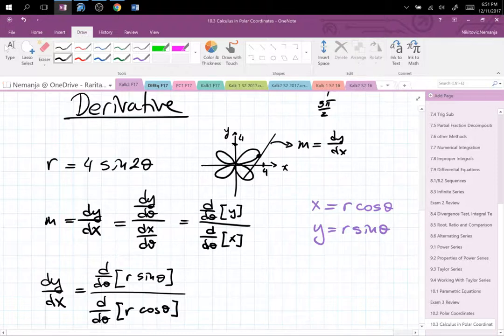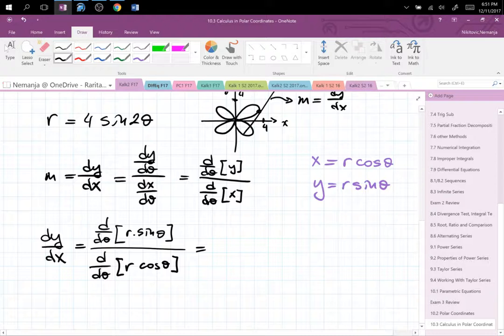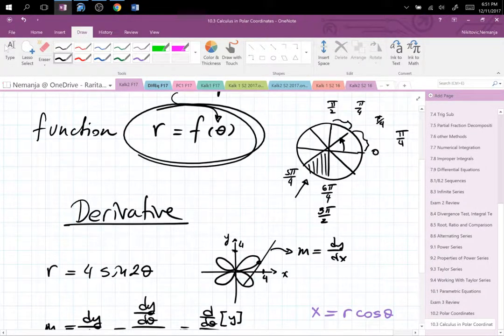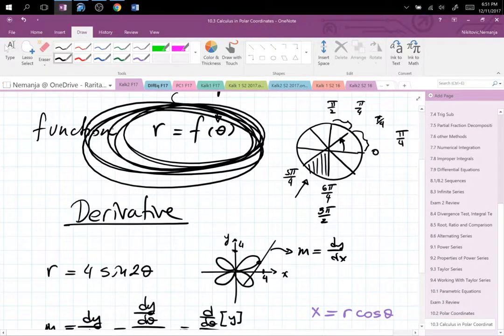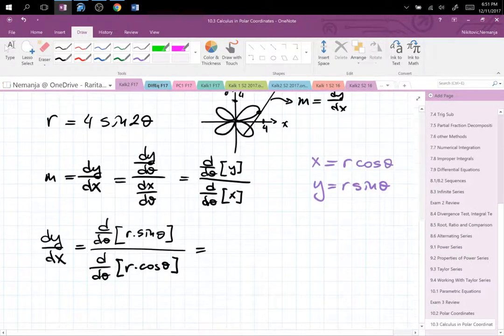There we go. Now to take this derivative, we have a product rule there, because remember that r is a function of theta. If r is a function of theta, that means that r times any other thing is going to be the product rule.